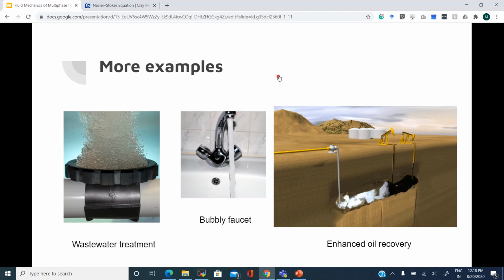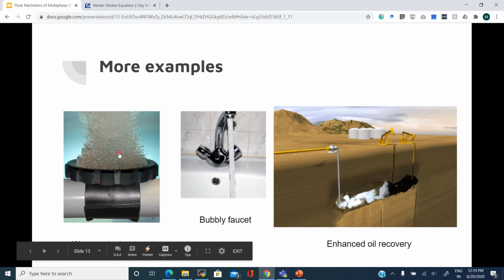Some other examples of flows. This is a bubbly faucet where you introduce air in the liquid to minimize the splash as well as to make it more economical, so that less wastage of water occurs.